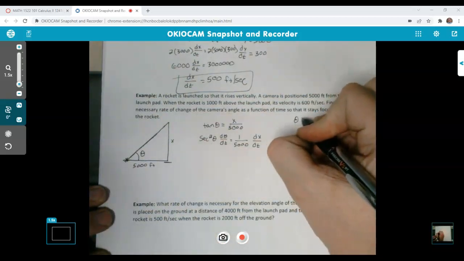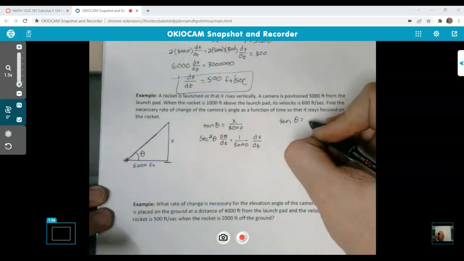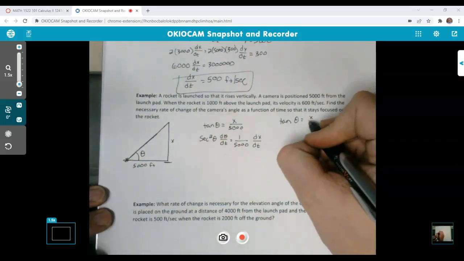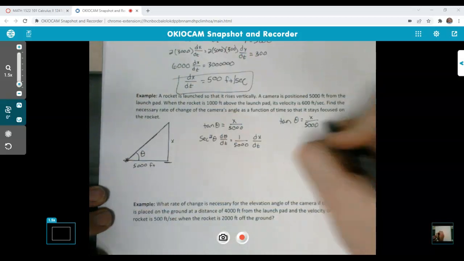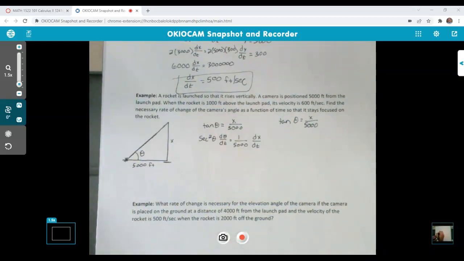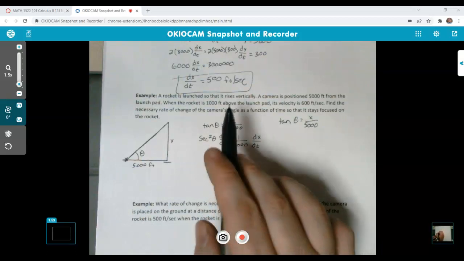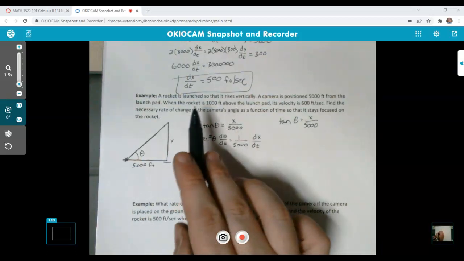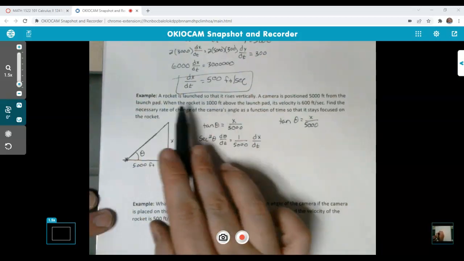Remember, we know the tangent of it is equal to x over 5,000. So I want to know what theta is at this certain time. Well, they are saying when the height of it is 1,000. So x is equal to 1,000. So they want to know tangent theta of 1,000 over 5,000.